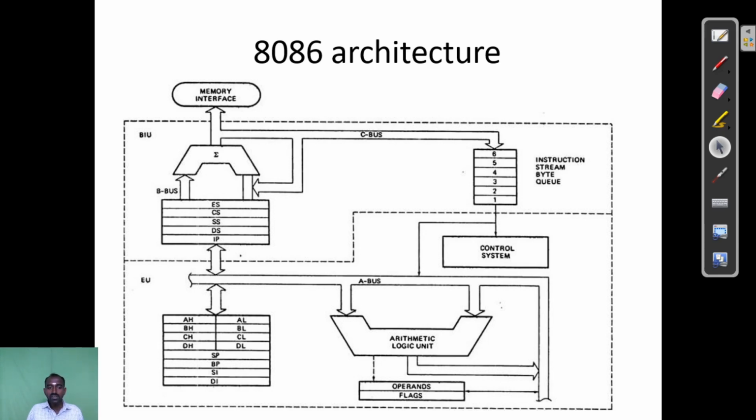The remaining registers are stack pointer, base pointer, source index, and destination index. First, the stack pointer. Its function is to hold the offset address of the top of the stack memory.